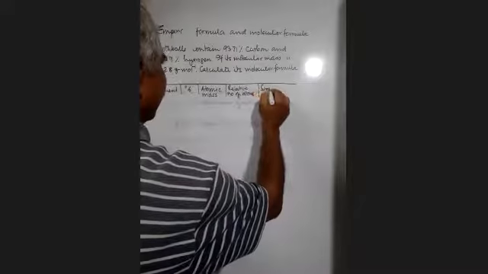Then simple whole number ratio. This table you have to remember. Otherwise, this sum is very, very easy.